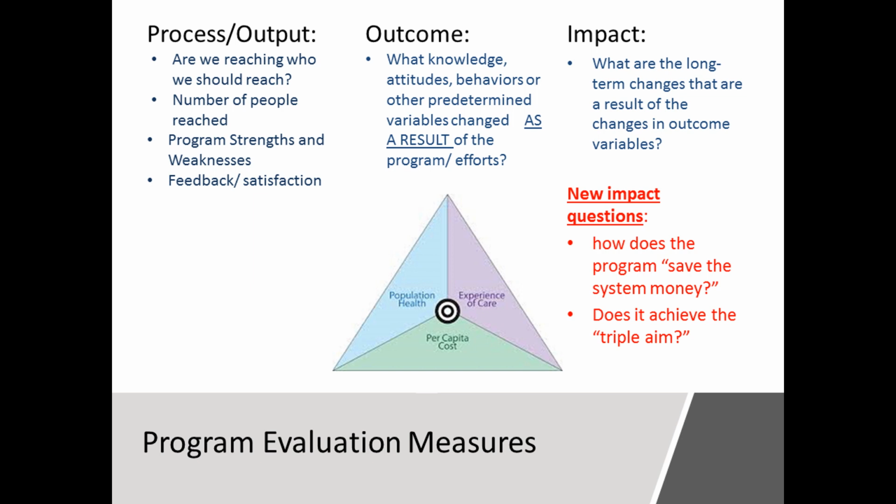Now, short-term outcomes and sometimes medium-term outcomes are things that are related to knowledge, attitudes, behaviors, or other predetermined variables that changed as a result of the program. So those are outcomes.